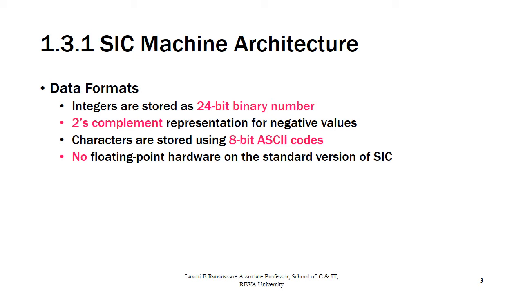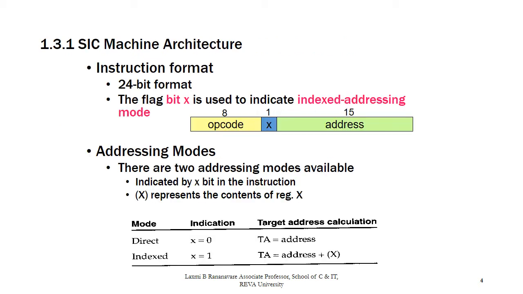And we have characters also for this SIC machine, which are represented as 8-bit ASCII codes. Then we do not have a floating point data format for the SIC machine. So there is no floating point hardware present in the SIC architecture.